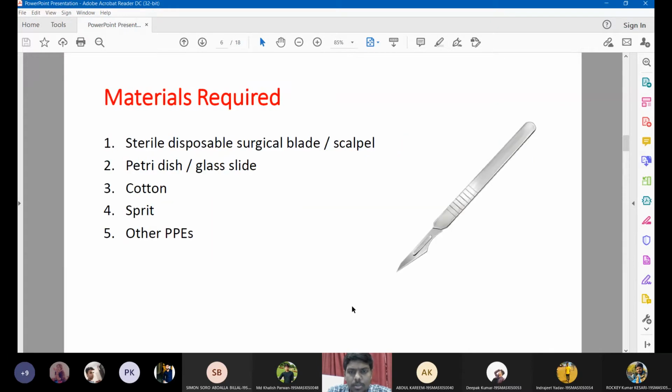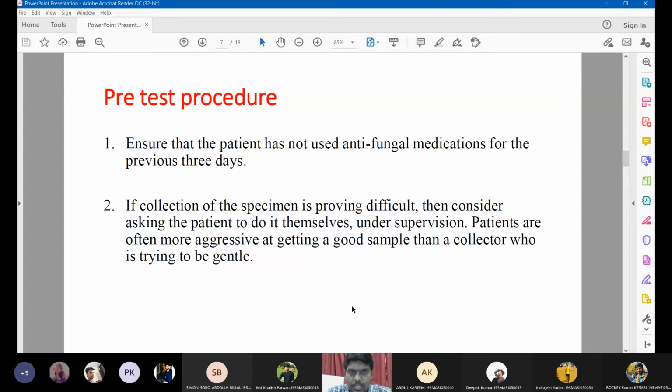Before collecting the sample, we need to do certain pre-test procedures. We need to ensure that the patient has not used any antifungal medications for the past 3 days. The patient should not use any antifungal ointments or powders on the hair, skin, and nail.